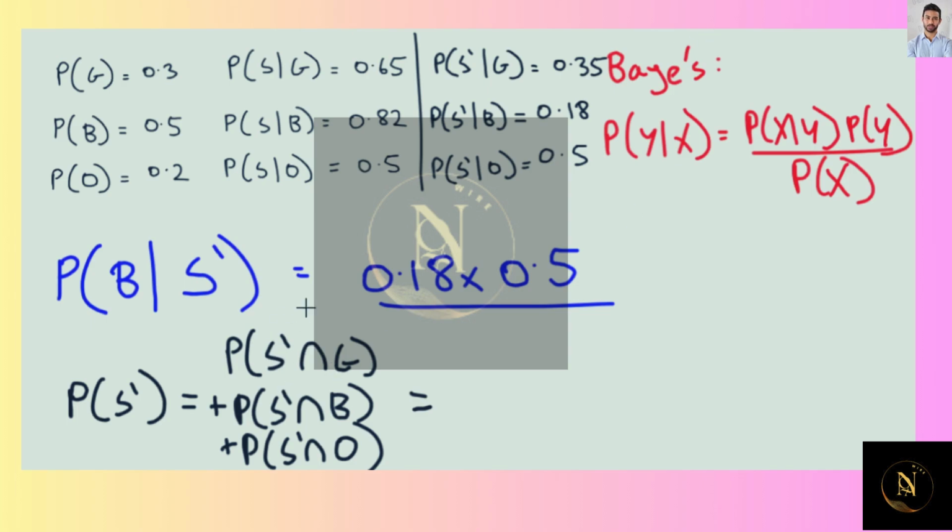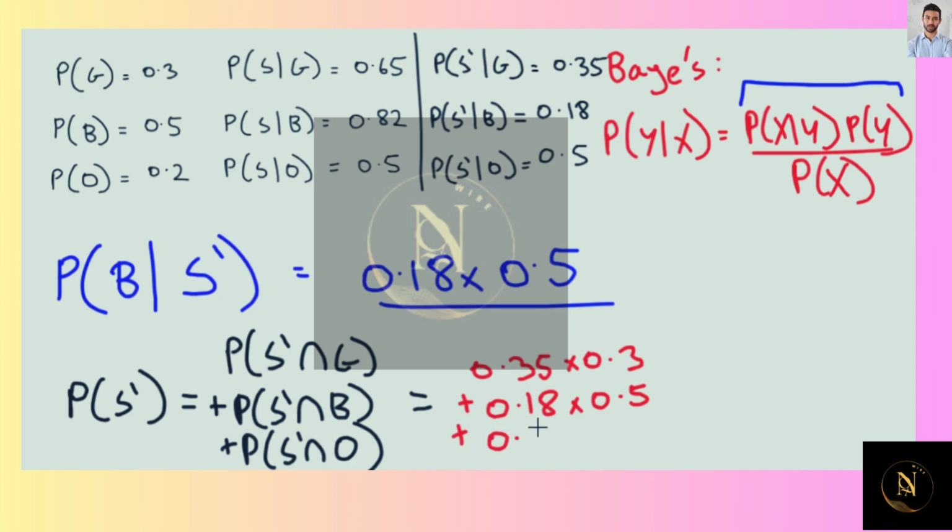Now, to get the joint probability, we use the numerator here, x given y times y. So this is 0.35 times 0.3, plus 0.18 times 0.5, plus 0.5 times 0.2.